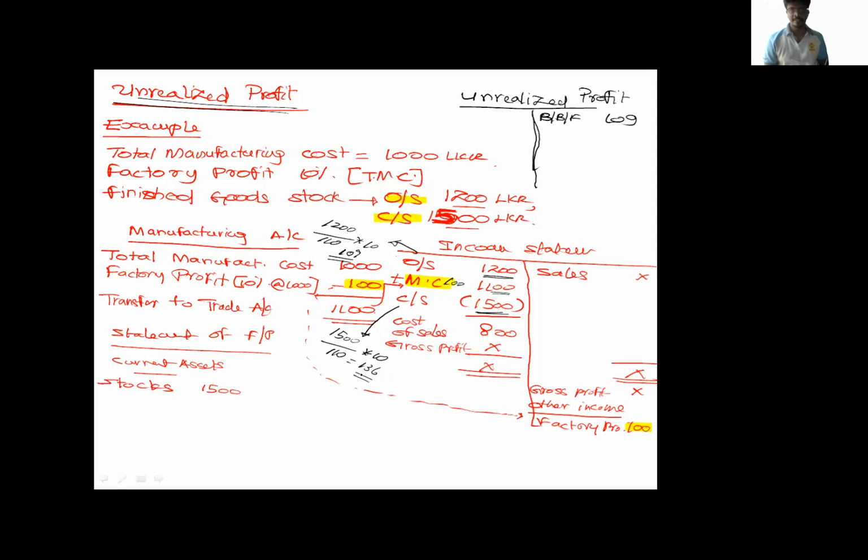At the end, අවසානයේදී, we are having an unrealized profit of 136 balance brought down. දැන් මෙතන balance එකක් තියෙන්න ඕනේ. That is the unrealized profit belonging to this particular period.